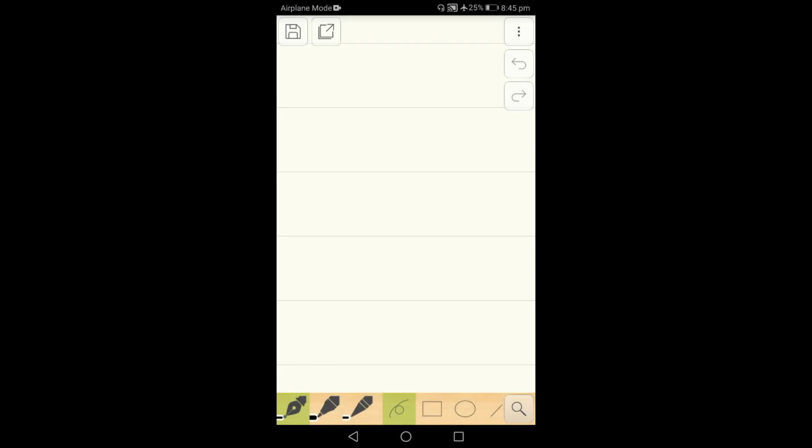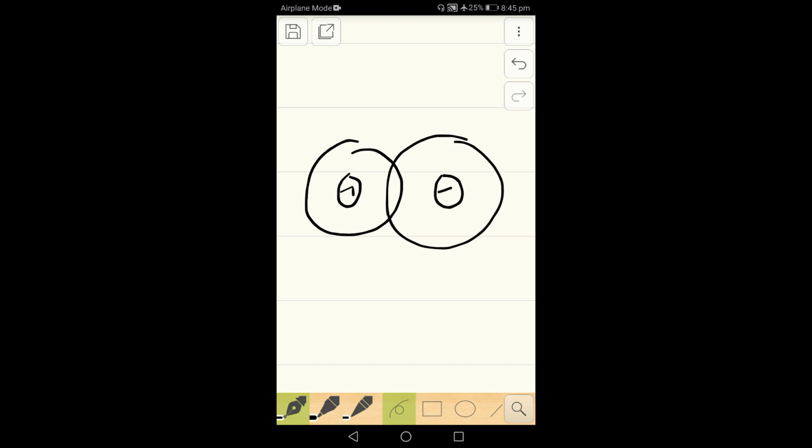For example, this is an s orbital and this is another s orbital, and these are the electrons.